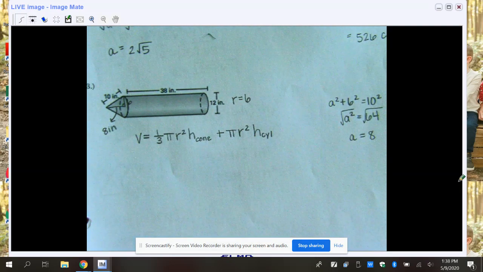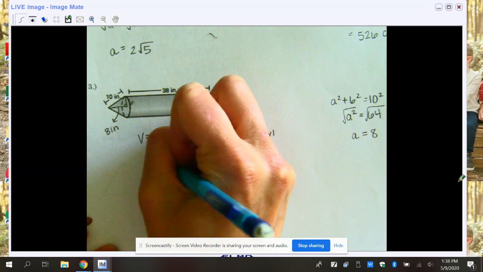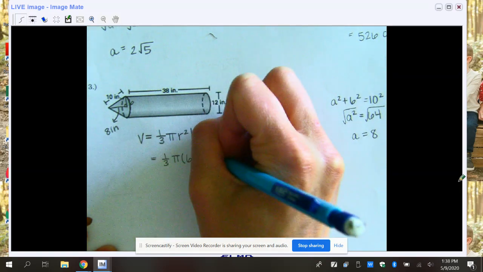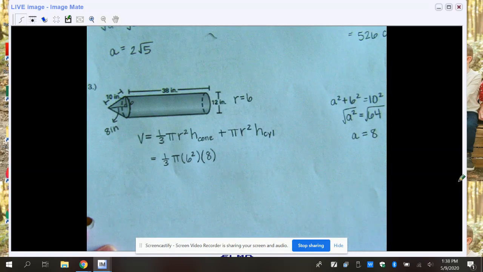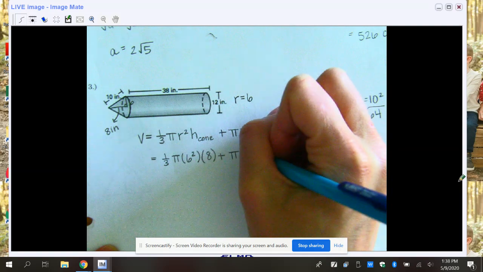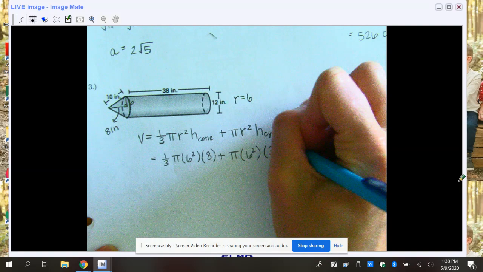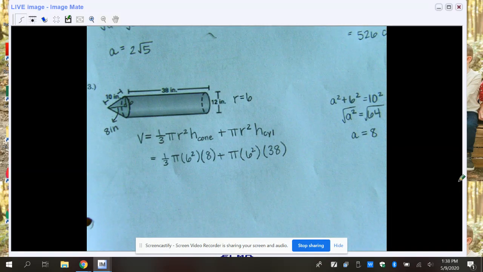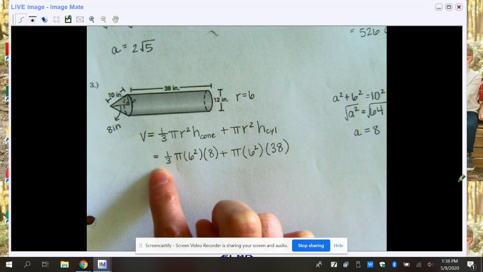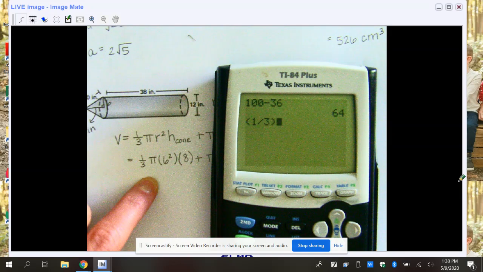So from here, we're off. And so it's gonna be 1/3 times pi times 6 squared times 8 plus pi times r squared times 38. Now, luckily I see that that's going to be 36, and 36 is divisible by 3, so this is going to work out.